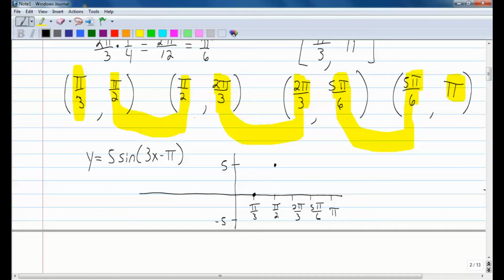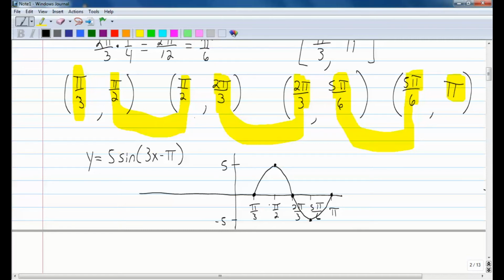Then I cross the x-axis. The next significant point I have a low point. The last significant point I cross. Connect the dots with smooth curves, and you have your graph.